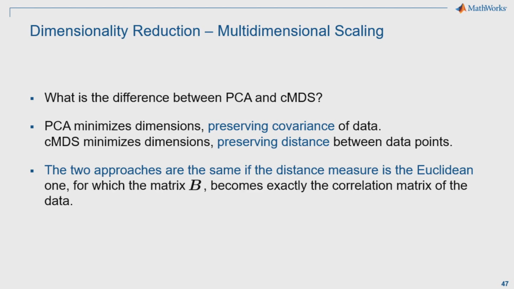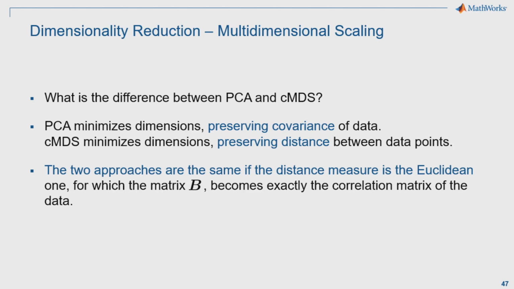In particular, PCA minimizes dimensions, preserving covariance. So you are trying to rotate your dataset such that the covariance between different features becomes 0. Instead, when you use multidimensional scaling, you are trying to preserve distance.